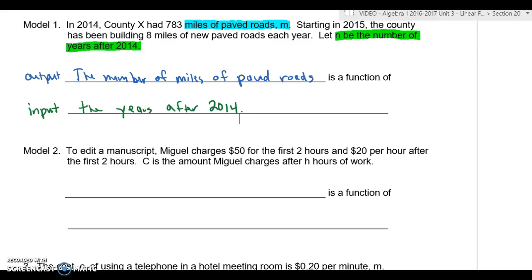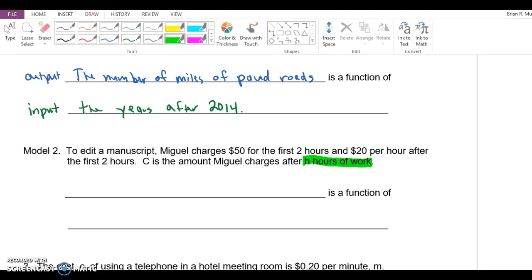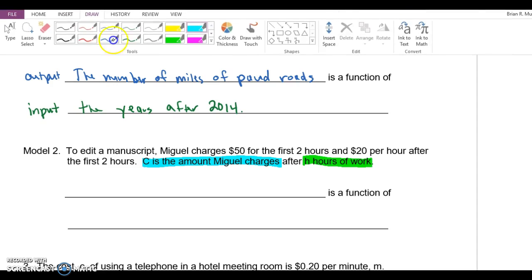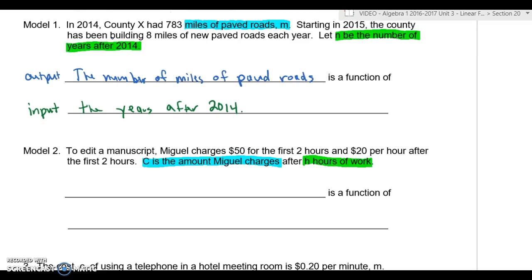So then we're going to identify that the input is the H hours of work, and the output is the amount that Miguel charges. So just like we did up at the top, the output is the first thing we're going to mention, because that's what we're interested in. How much is he going to charge?